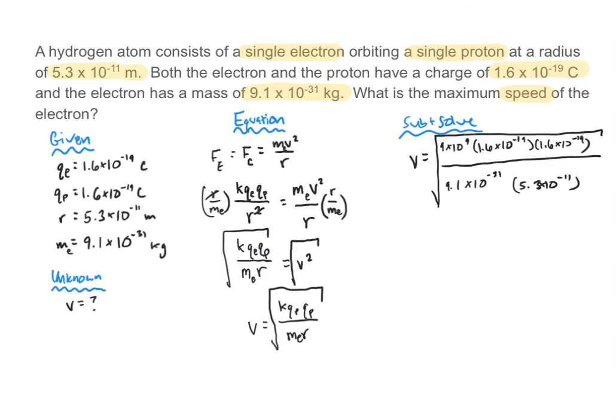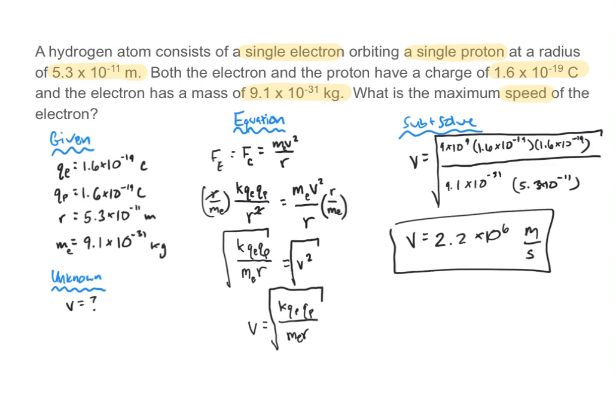Sticking that all in a calculator, I get v is equal to 2.2 times 10 to the 6th meters per second.